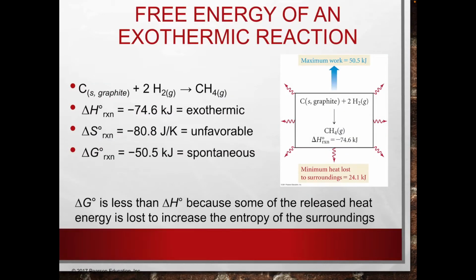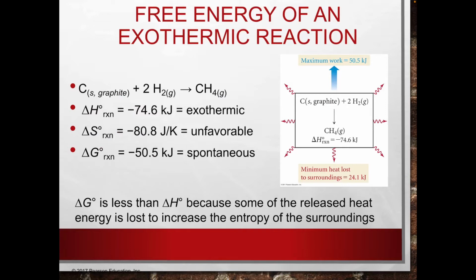So that's why it's called Gibbs free energy. If we take this as an example, we have graphite reacting with hydrogen gas to produce methane. This is an exothermic reaction, so heat is being released. We have a negative value for delta S because our moles of gas are decreasing. We have 2 moles of gas on the left and only 1 on the right, so this would be unfavorable in terms of our change in entropy.